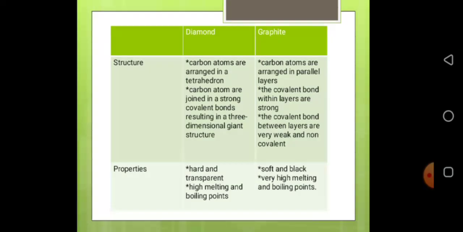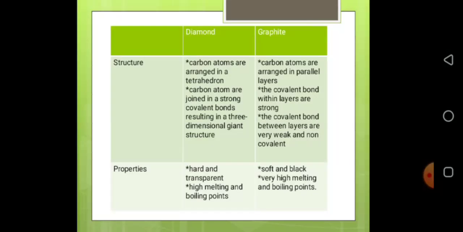So diamond: the atoms are arranged in a tetrahedron. In the tetrahedral structure of diamond, carbon atoms are joined by strong covalent bonds, resulting in a three-dimensional giant structure. So that is the structure of diamond.